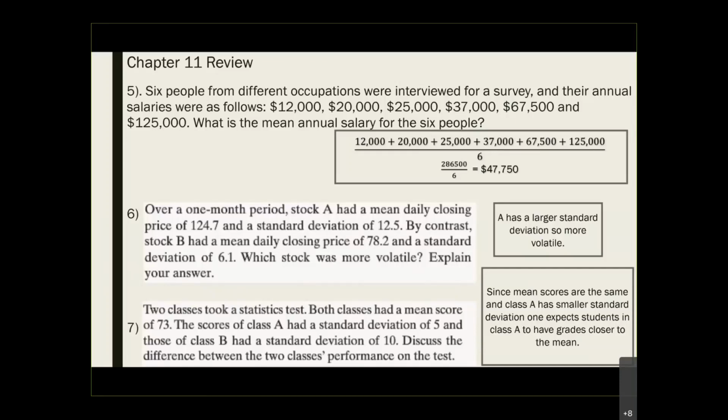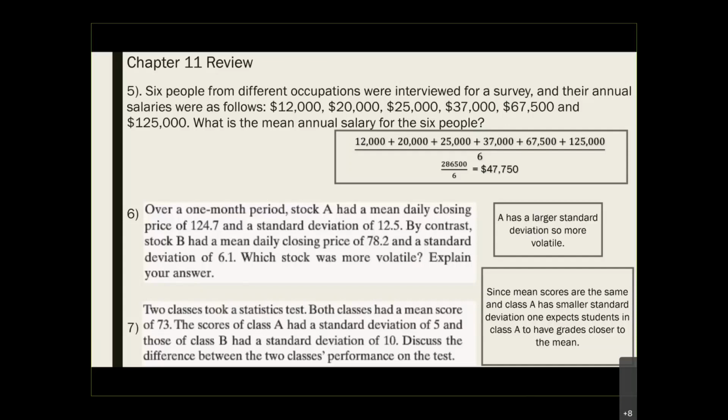Again, these two questions want you to understand the standard deviation concept: the bigger the standard deviation, the more spread out the data; the smaller the standard deviation, the closer the data is. And when we went over standard deviation, I gave you two samples to calculate.